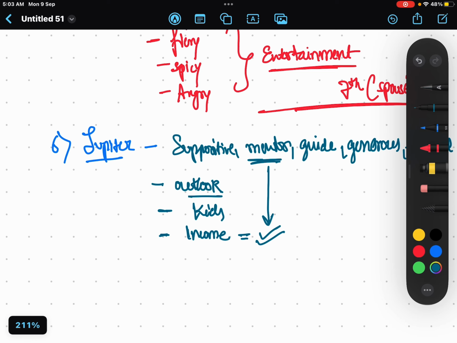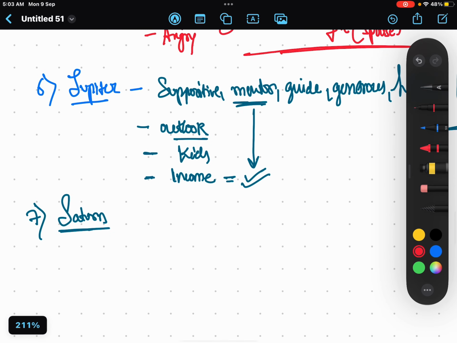Now, if you have Saturn in the 10th house, or the 10th house lord is Saturn, you can expect one thing: she will be serious, like a teacher, a strict mother-in-law.